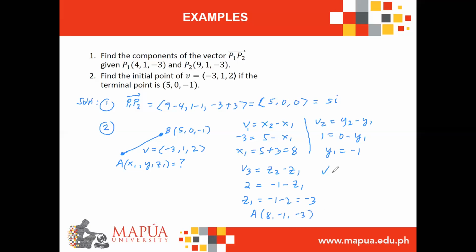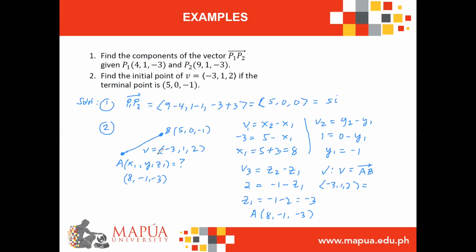We can do the checking. So vector v equals your line segment vector AB. We have this vector v as negative 3, 1, 2. So let's get the components of AB now using the answer for A, that's 8, negative 1, negative 3.